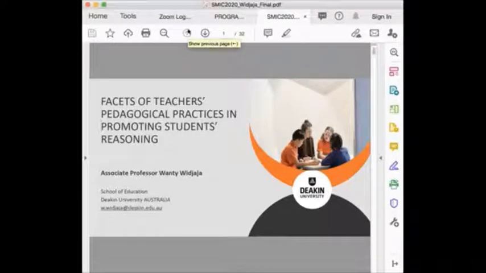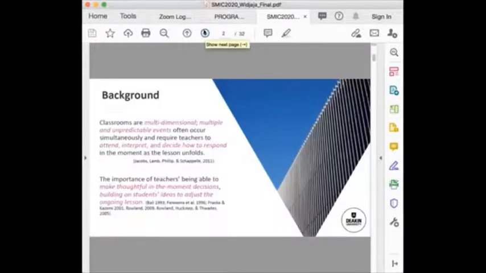Okay, so I'll start with the background. I think most of the participants will be either teachers or pre-service teachers, I'm assuming. So we all understand that classrooms are multi-dimensional.